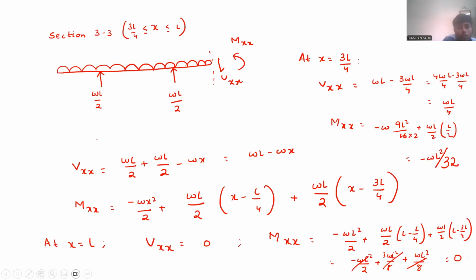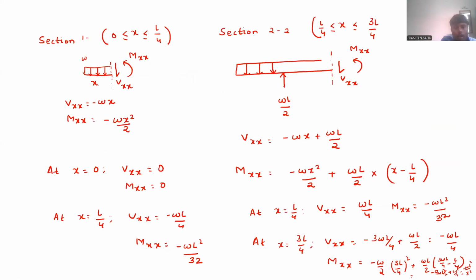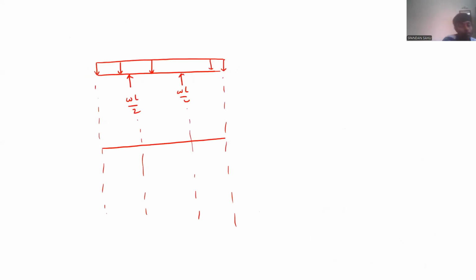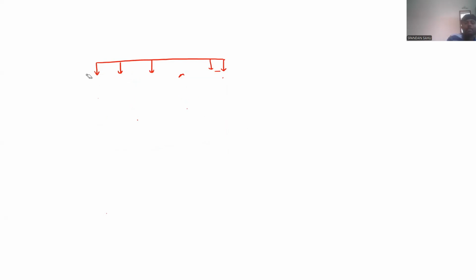It is going from 0: at x equal to 0, Vxx is 0, and at x equal to L by 4, Vxx is minus WL by 4, and your original equation for that section is minus W into x. So if that is the case, the slope will be negative and it will move downward from the reference axis, that is 0, 0 for the SFD.